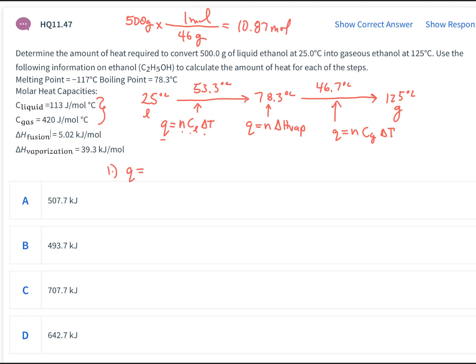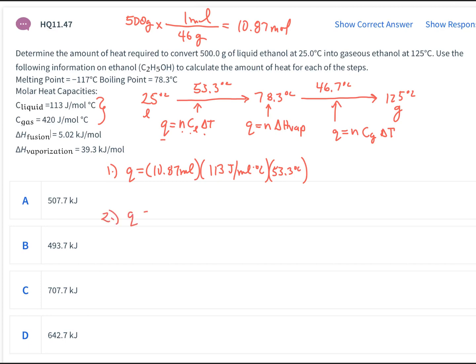So the heat from step 1, 10.87 moles. The molar heat capacity of liquid ethanol, because I'm heating up liquid ethanol from 25 degrees to 78 degrees, is 113 joules per mole degree Celsius, and that temperature change is 53.3 degrees C.